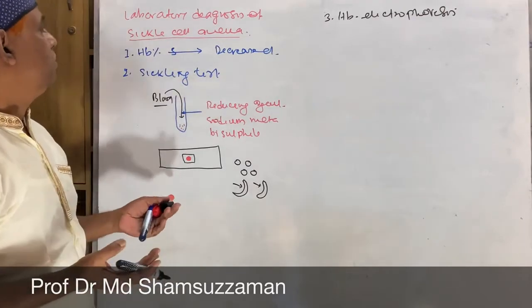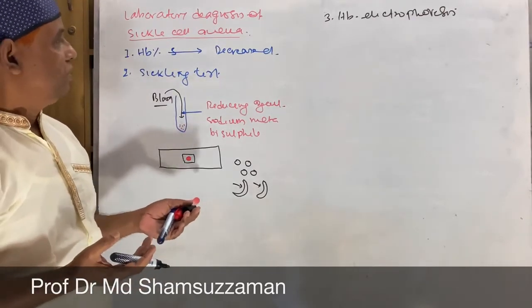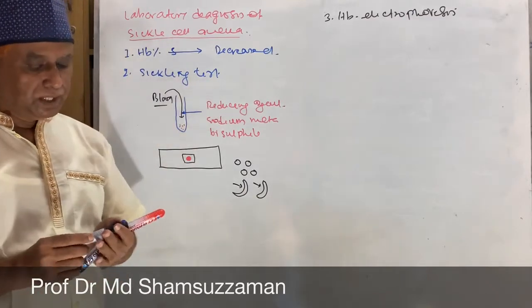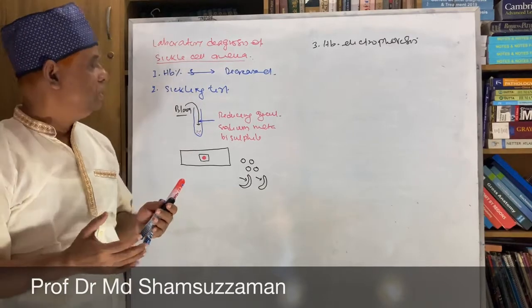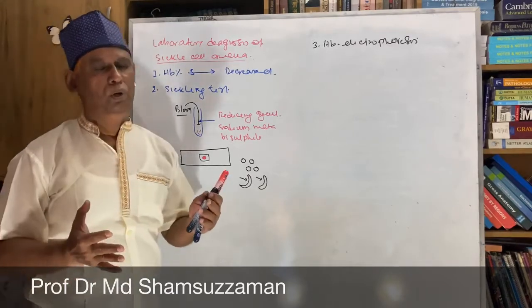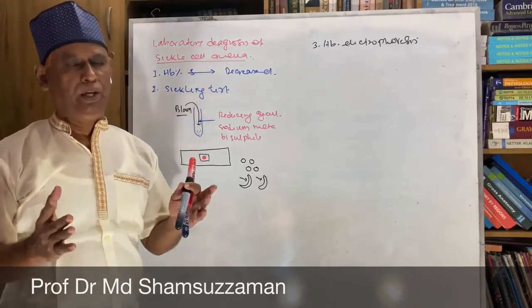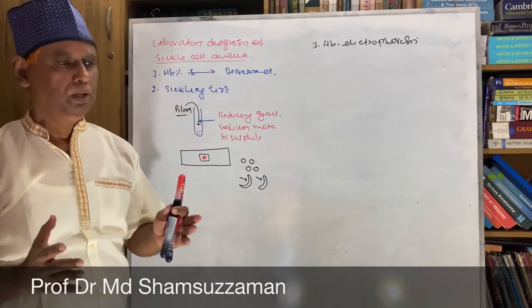So this is all about the laboratory diagnosis of sickle cell anemia, and this is all about the hemoglobinopathies in brief. Dear audience, we know 4 types of hemoglobinopathies: S, C, D, E.